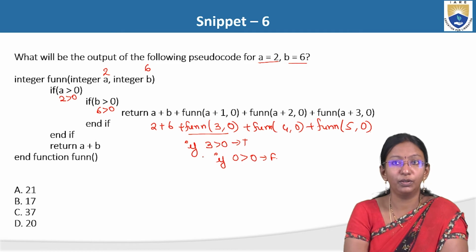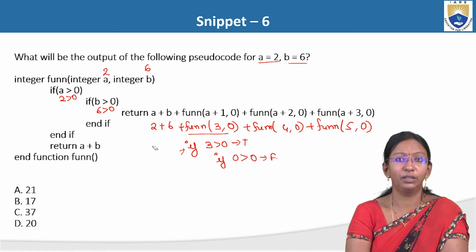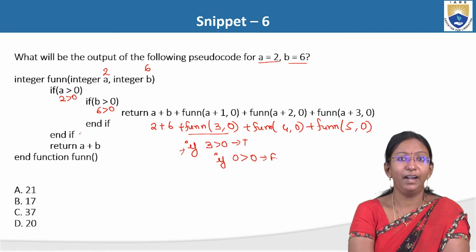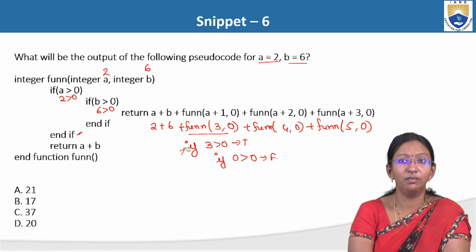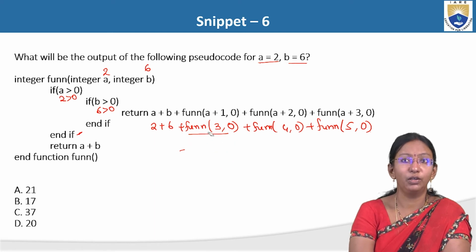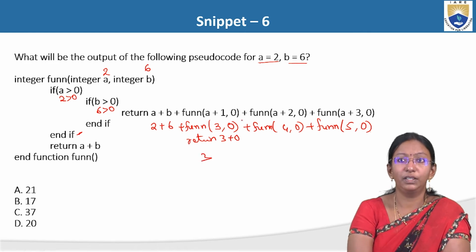So there is no further body for the outer if also. Nothing will be executed, but it is going to reach the end of if and return the value A plus B. What is the value of A, guys? It is 3. And what is the value of B? It is 0. So it is going to return 3 plus 0, which is 3. Let's go with the next one.